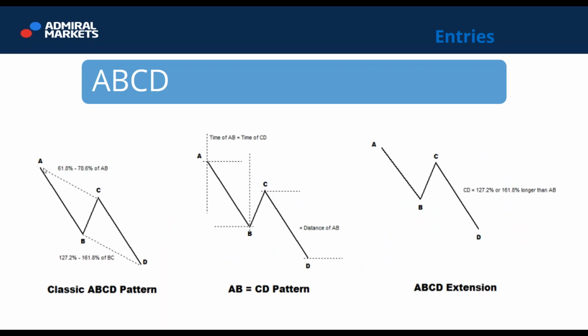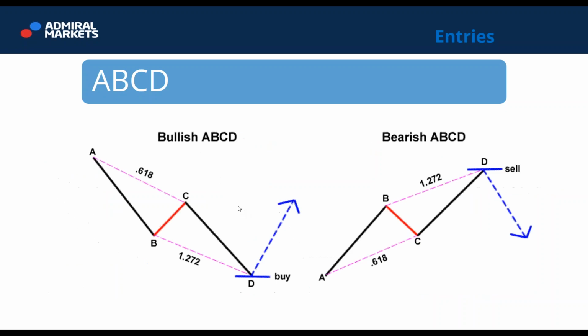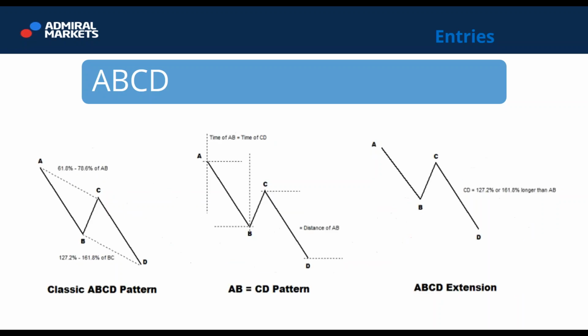Okay, this is classic ABCD. It can be extended, but the main thing is I want to see it higher. It does not need to be up to 78.6. It can be higher, as I showed you in my example of the euro dollar buy trade, but also here, you can see these ratios and even higher.